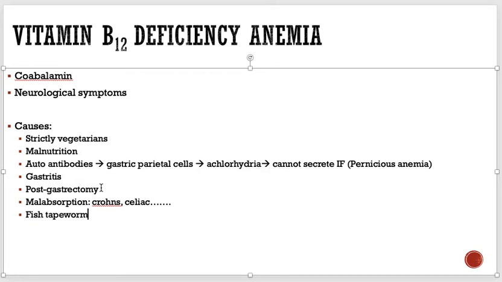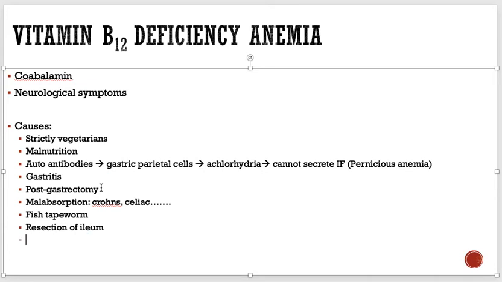Also, someone who doesn't have an ileum, because they resected it for any condition, maybe carcinoma. With resection of the ileum, of course they cannot absorb, because the site which absorbs is not there, so the person cannot absorb vitamin B12.